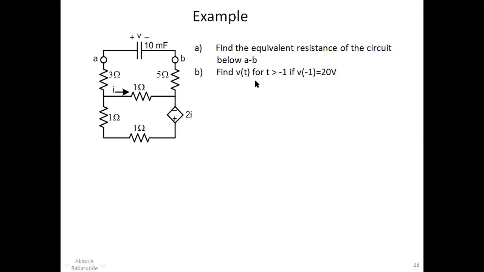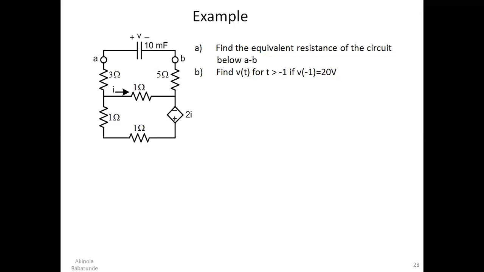Then find V of t for t greater than -1, if V of -1 is 20 volts. So when the time is -1, the voltage is 20 volts. So find V of t for t greater than -1. All right. So this is what we're going to quickly deal with as we move on.